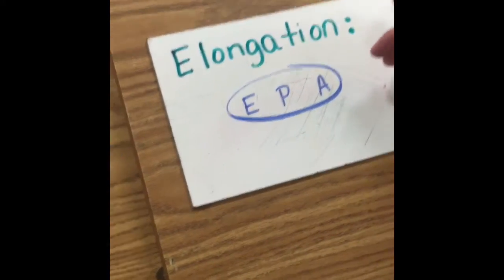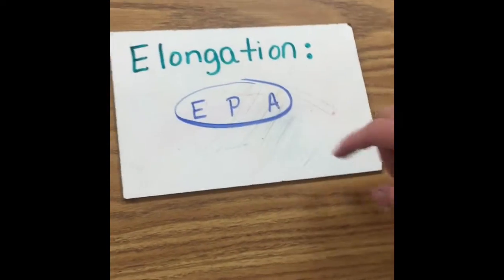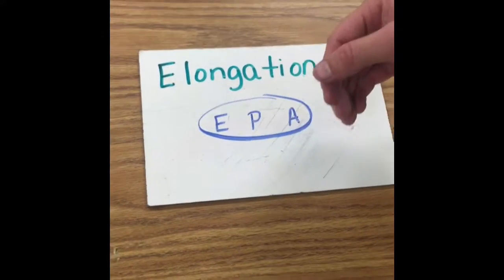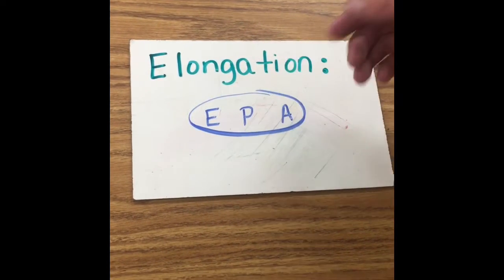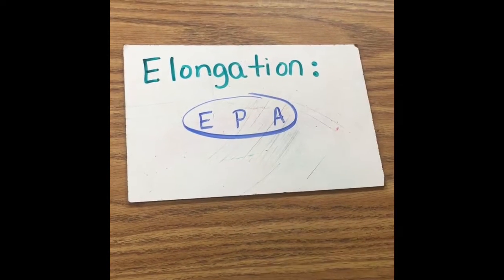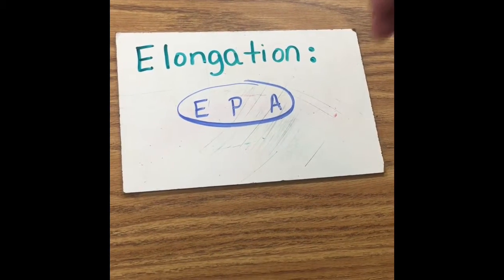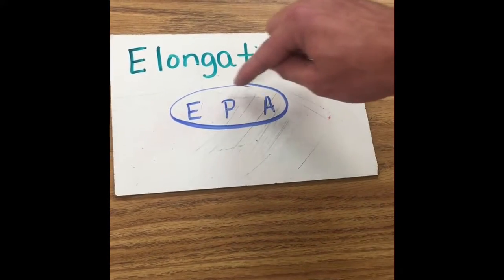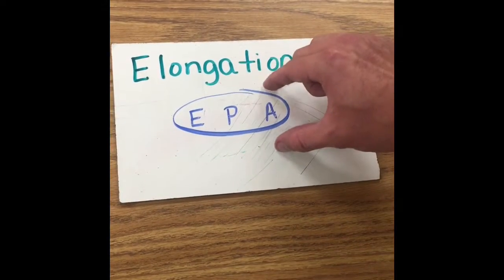Then you begin elongation, and in elongation we're pretty much dealing with the large subunit, and you have the E spot, the P spot, and the A spot. An anticodon comes in and attaches to the P spot to begin with, and then another amino acid comes in and attaches at the A spot, and then you form a peptide bond between the amino acid in the P spot and the amino acid in the A spot.